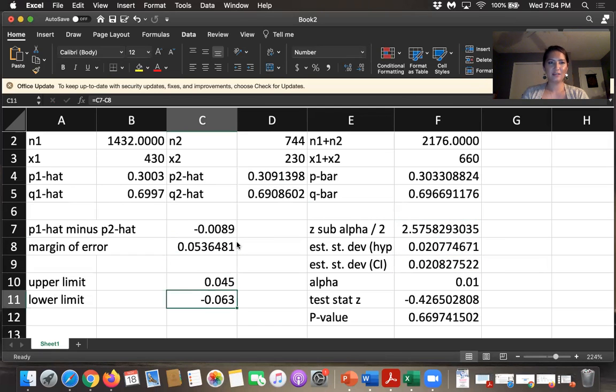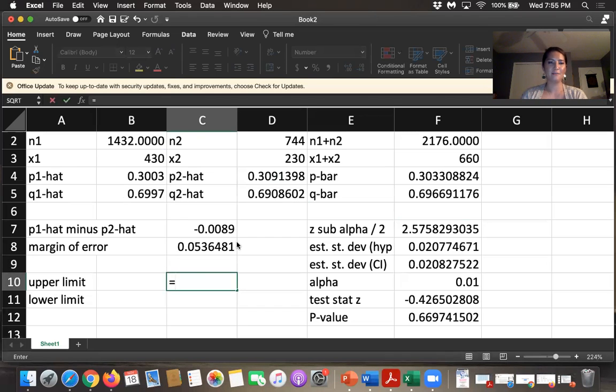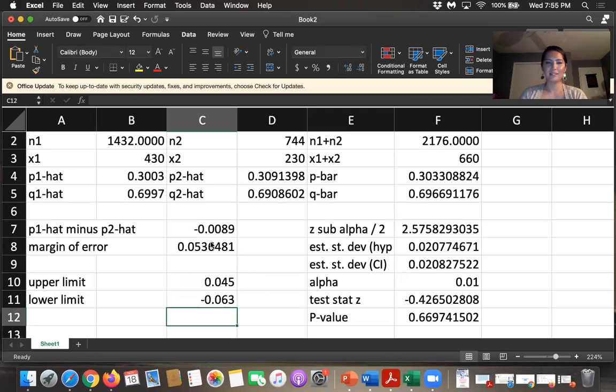And then these two values are automatically populating with P1 hat minus P2 hat plus the error and P1 hat minus P2 hat minus the error. So you would type equals, select this cell. For the upper limit, you want to add the margin of error. And then for the lower limit, you want to take that and you want to subtract the margin of error. Okay, so that is telling us that P1 minus P2 lies between these two values.